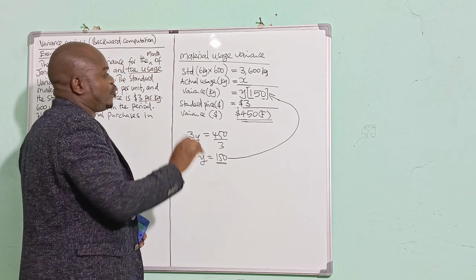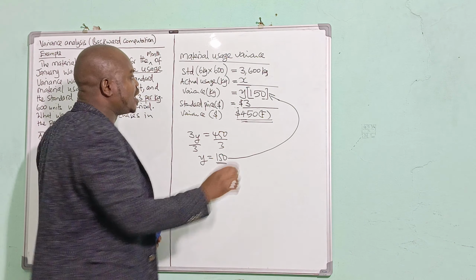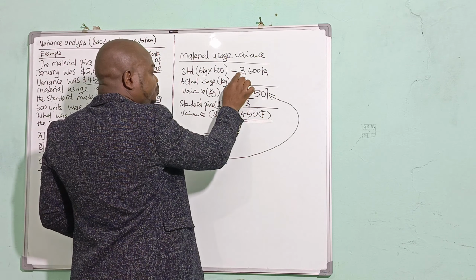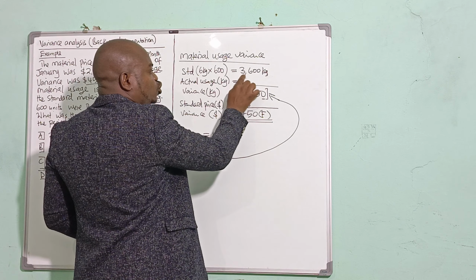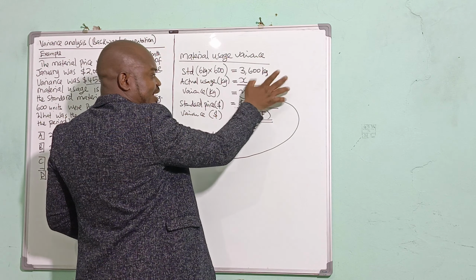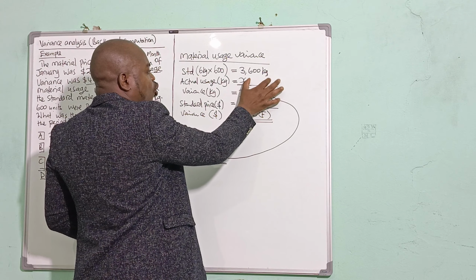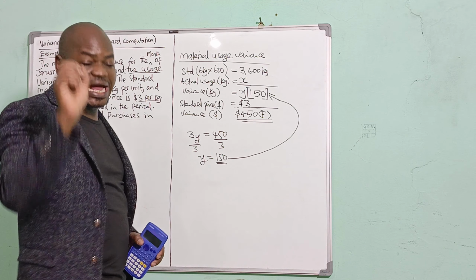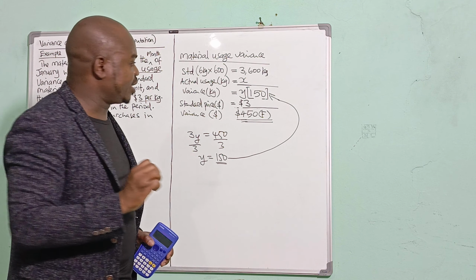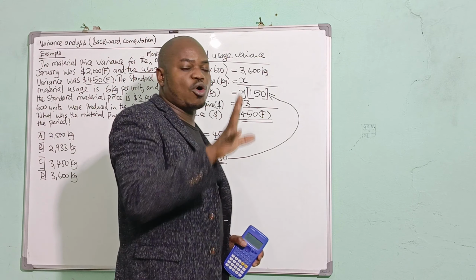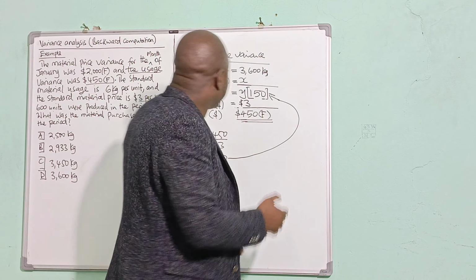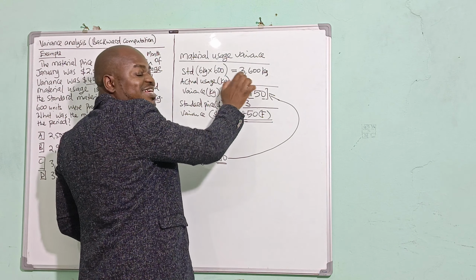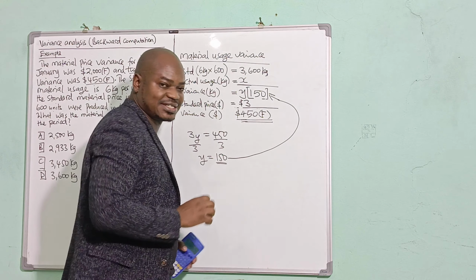So if we use less than what we are supposed to use, the answer which should be here should be lower than 3,600 kgs. But if the variance was adverse, meaning we actually used more than we were supposed to use, what could have been here should be more than 3,600 kgs.